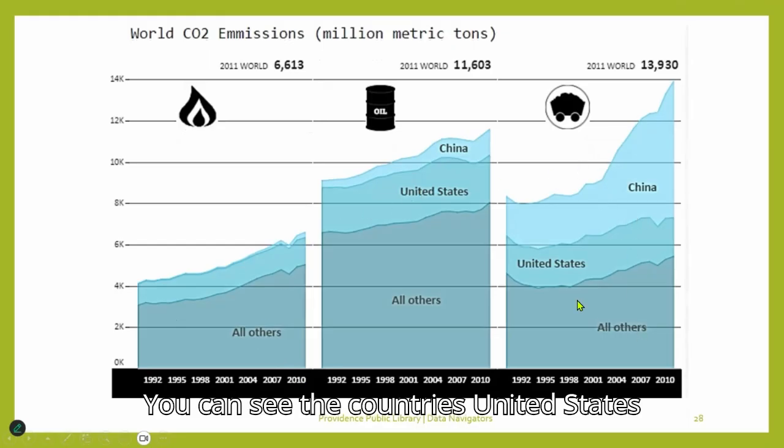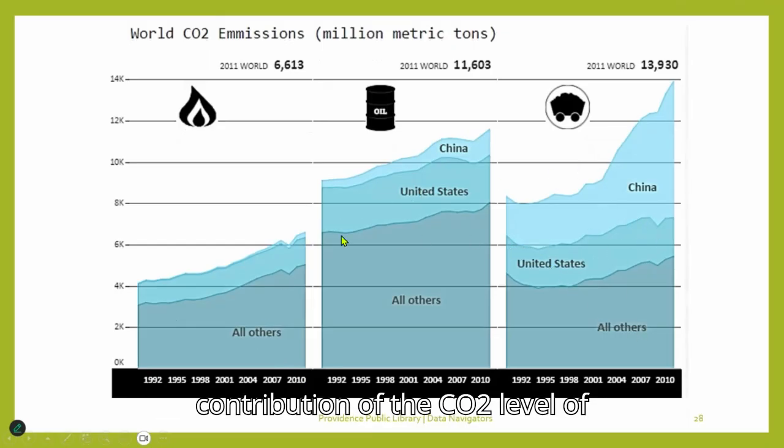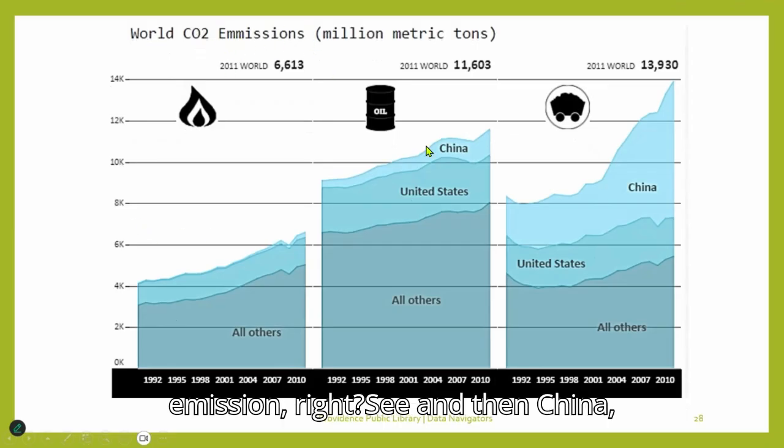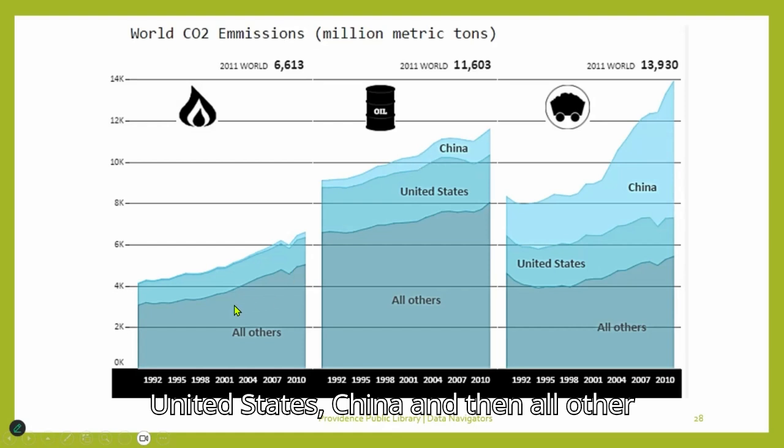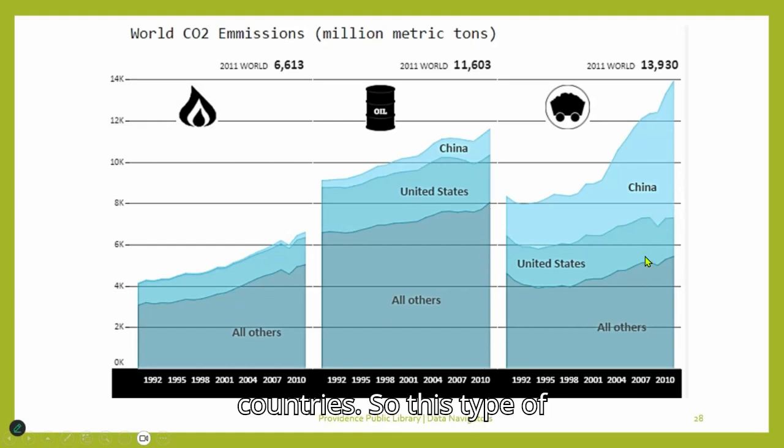You can see the countries, the United States contribution of the CO2 level of emission, right? Then China, United States, China, and then all other countries. So this type of representation, this is visualization with quantifiable data.